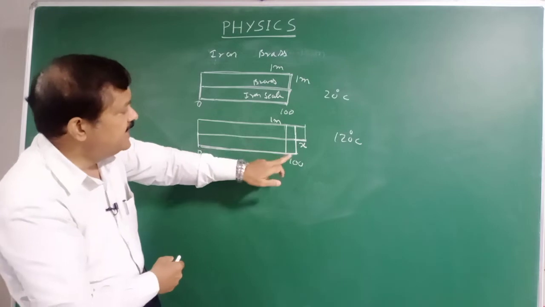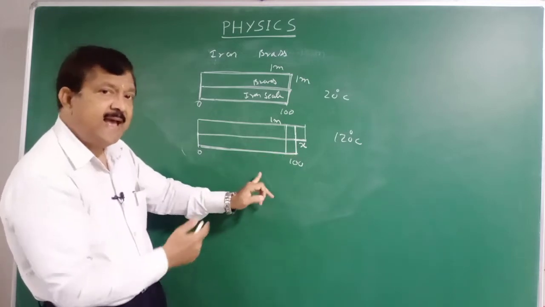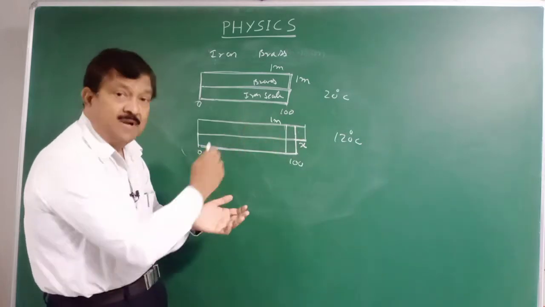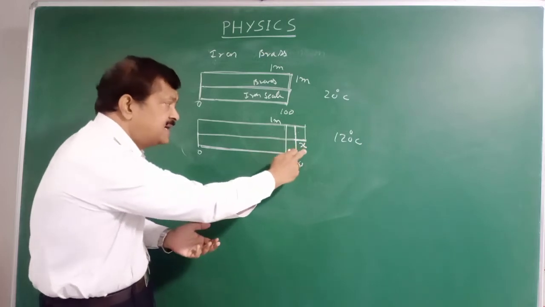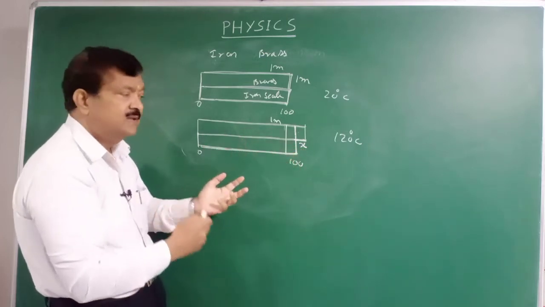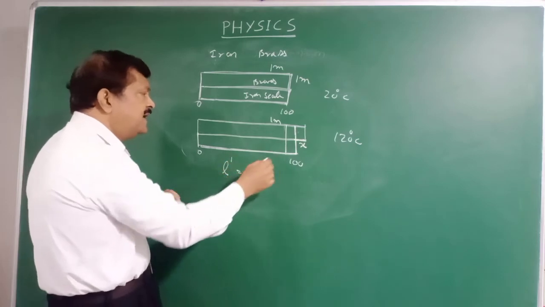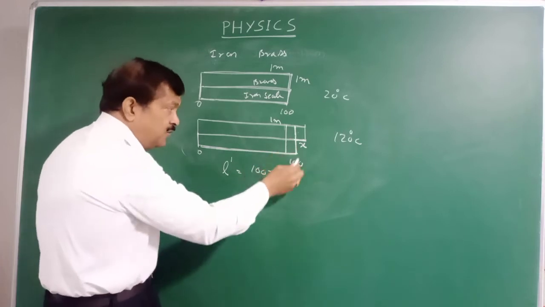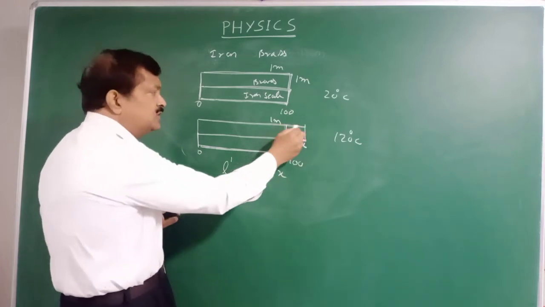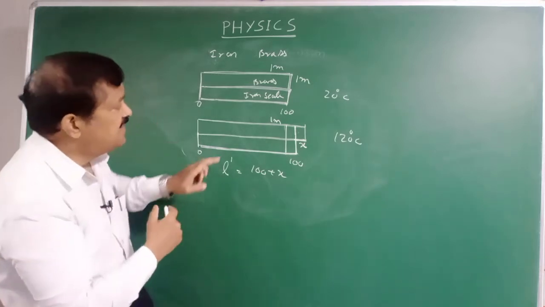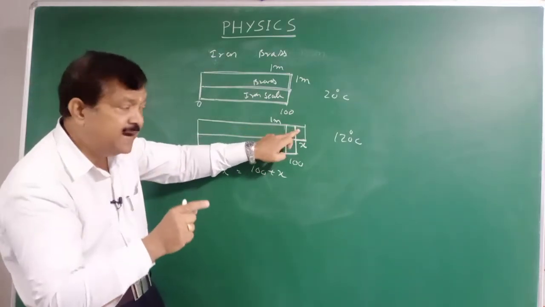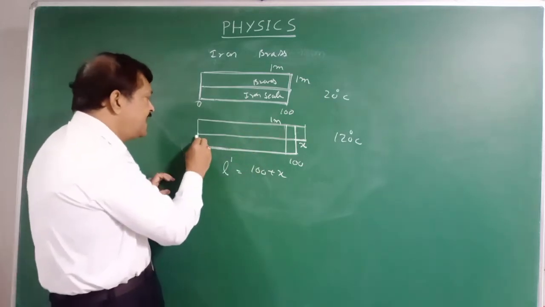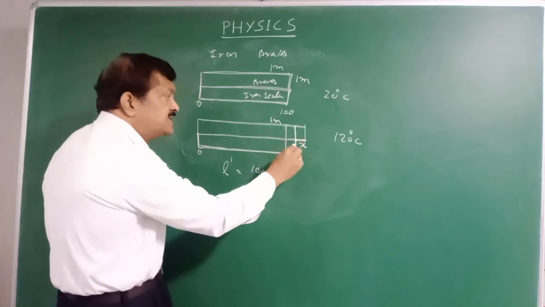As measured by this iron scale, the length of the brass rod becomes 100 plus x, because both initially have the same length, but now both are expanding. I want the length of the brass rod as measured by the iron scale only. So on this iron scale, this end is 0 now, and this end is 100 now.